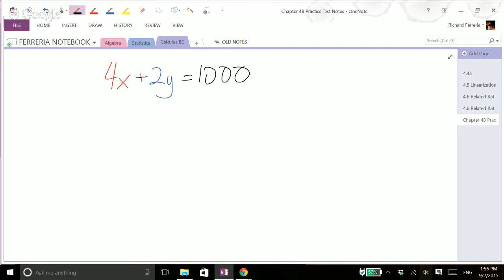F of x equals area. And based on my diagram, the area is really easy, right? It's just x times y.